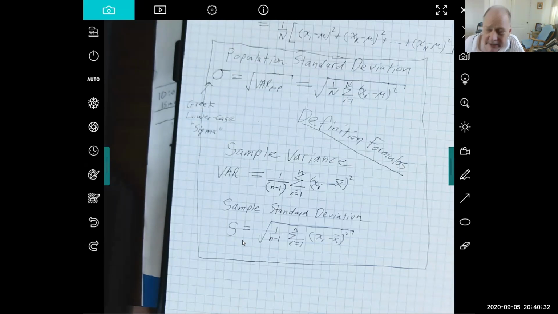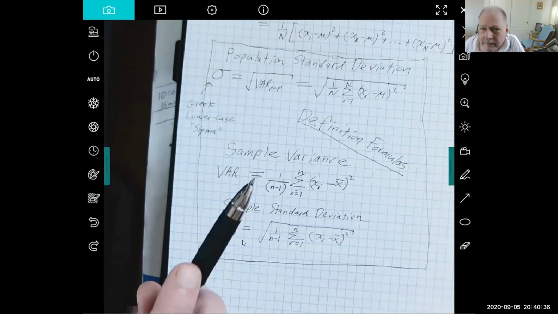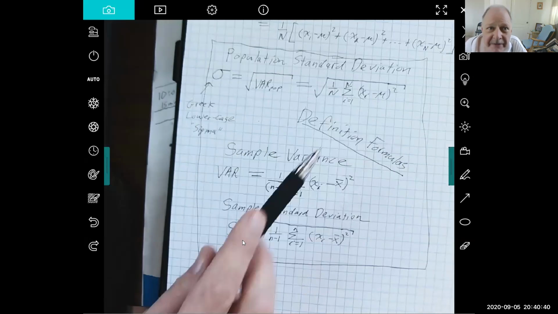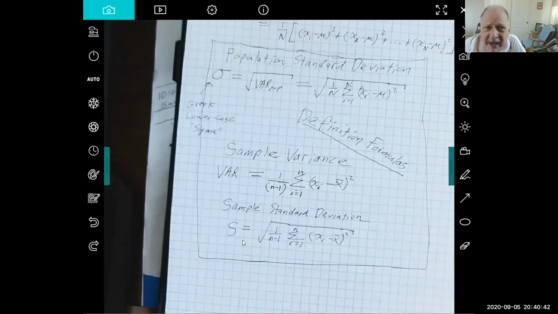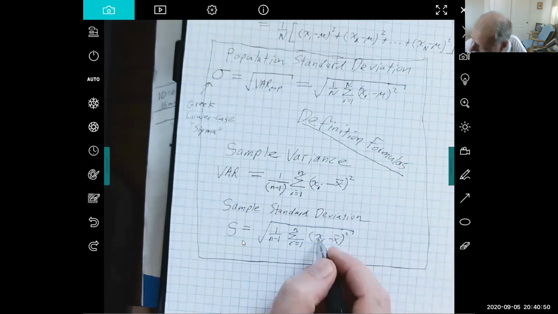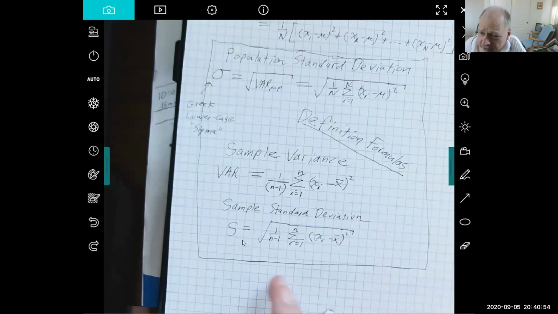So on a test, I might ask you for this definition or this definition. And if you were going to work out the sample standard deviation, working straight from this definition, you'd have to get all these differences, subtract everybody minus the mean individually, square all those, then add them up, then divide by n minus 1, then take the square root.